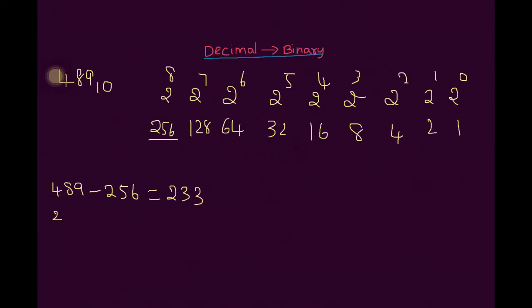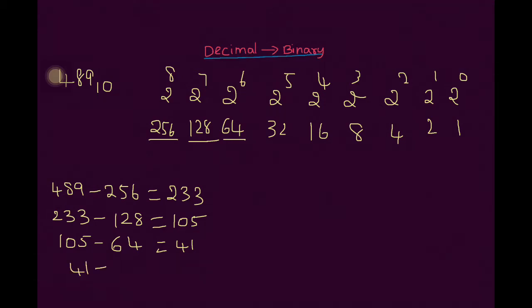The highest number under 233 is 128. When we subtract 128 from 233, we get 105. The highest number under 105 is 64. When we subtract 64 from 105, we get 41.